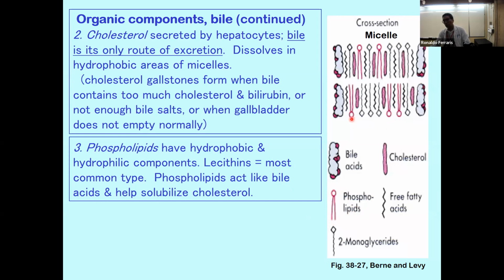So if you look at it here, the polar components are exposed to the aqueous component of the luminal solution, right? So if you imagine this as a ball, a droplet, an emulsion, a sphere, the ones that are exposed at the surface are hydrophilic molecules.